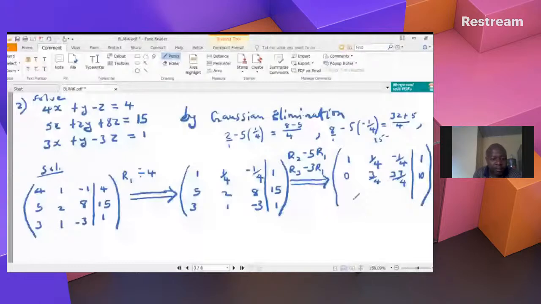Let me just clear my working so that I can use it also for the next row.